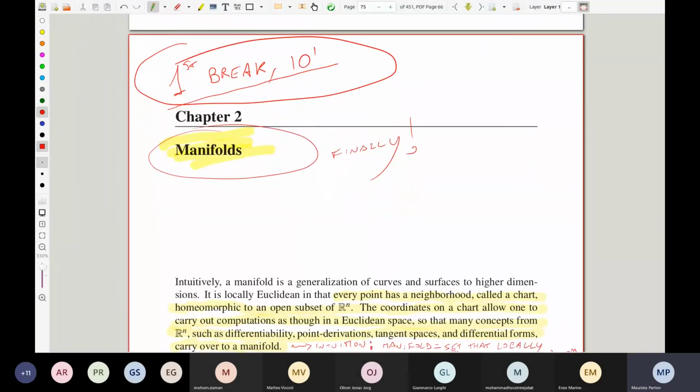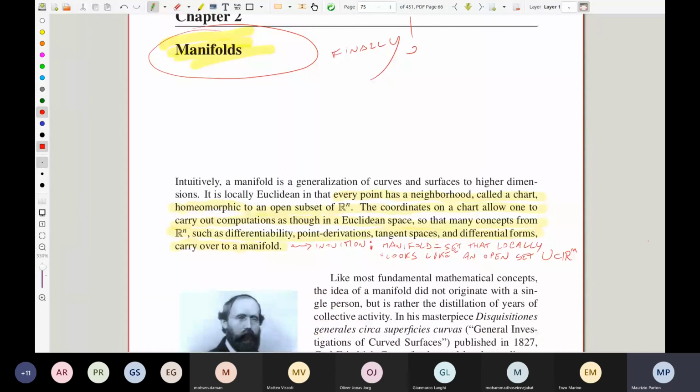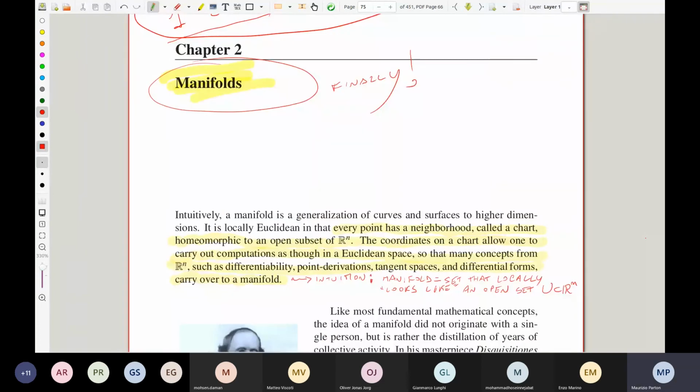Manifolds, finally. Why finally? Because this is the main object in differential geometry. So I'm now going to define what differentiable manifolds are and why looking just at Rn is unsatisfactory.